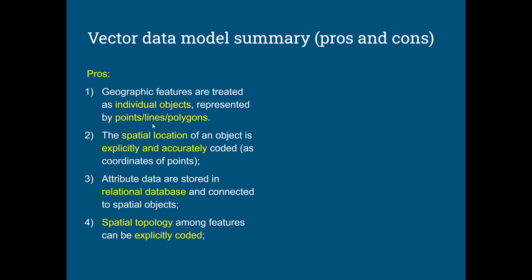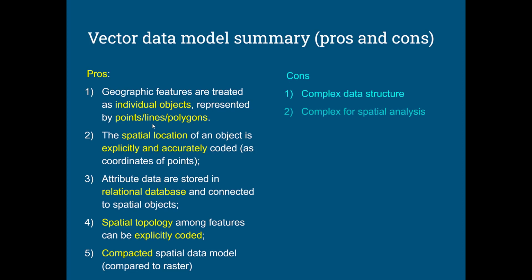But the vector data model also has some cons. It's compact, especially when you use a topological data model to reduce redundancy. The downside is that it's quite complicated, and to be honest, it's very complex for spatial analysis.